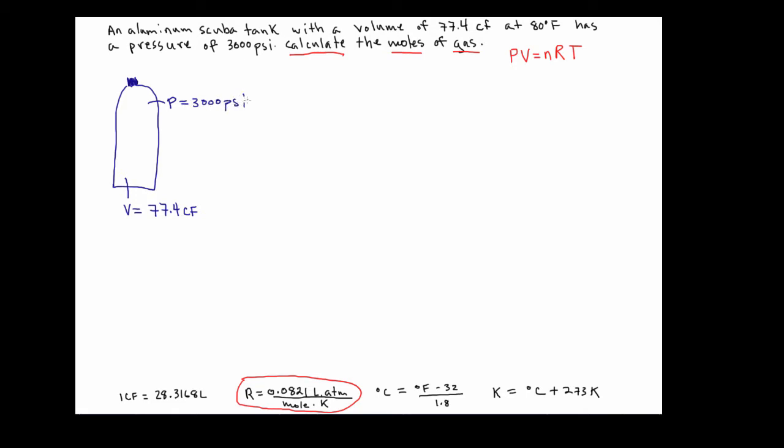Make sure to write the units in there. And then my temperature, T, is 80 degrees Fahrenheit. Okay, typical more or less winter day here in Phoenix, about midday or so. And then the moles will be small n, and that's what we're solving for, so question mark.